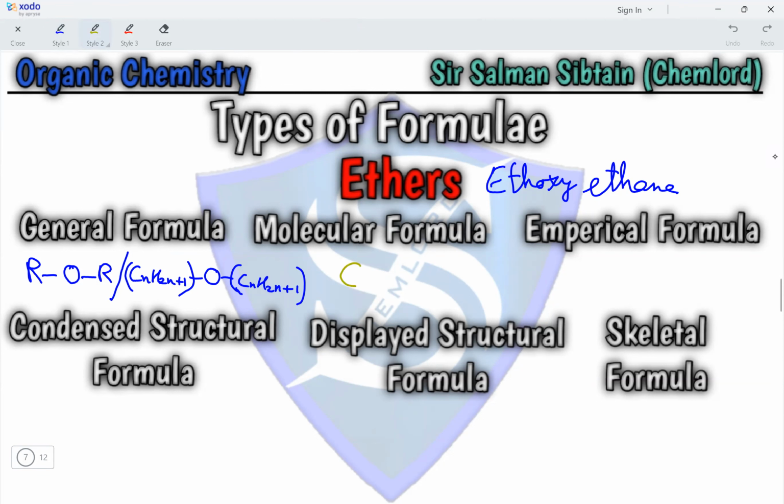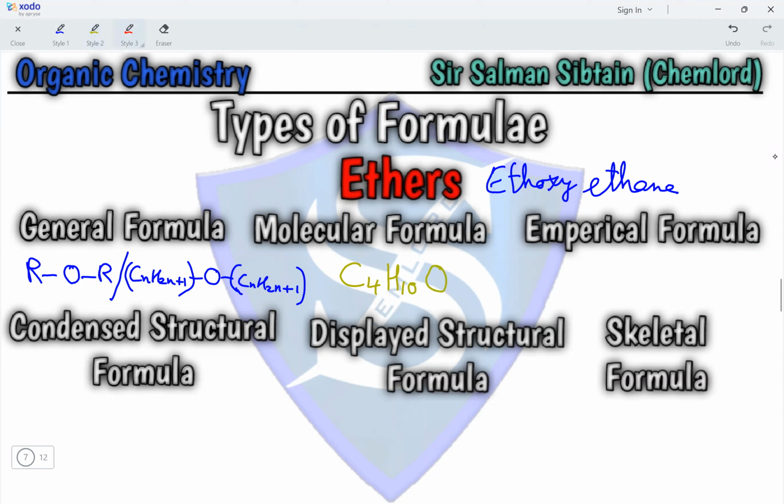So this would be C4, then H2n+1: 4 times 2 is 8, and then plus 1 is 9. And if you count the hydrogen atoms on both sides, it would be H10 because ethoxyethane would mean CH3, CH2 on both sides of the oxygen atom. So C4H10 and an oxygen atom in between.